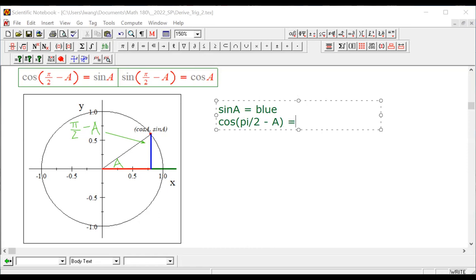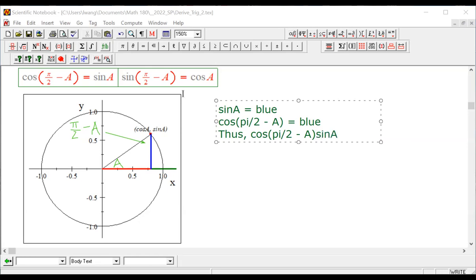So that is also equal to blue. So that's why cosine of pi over 2 minus A is sine A. So that's how we get the first piece. Thus, cosine of pi over 2 minus A is equal to sine of A, right?